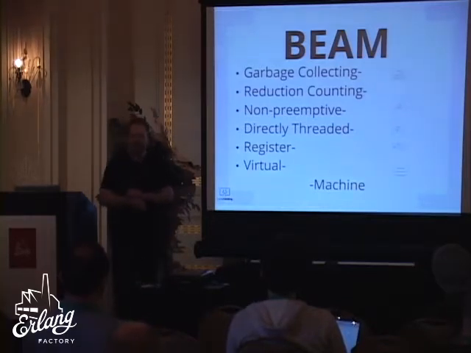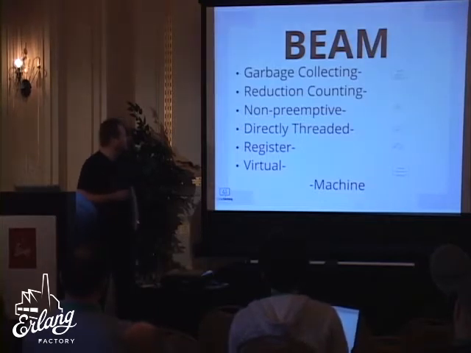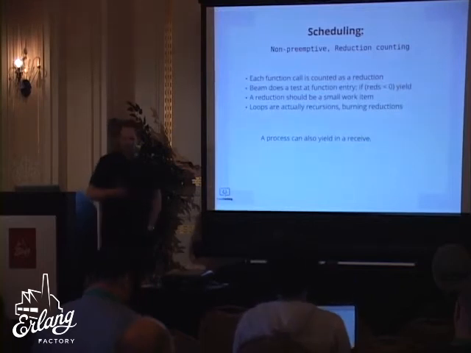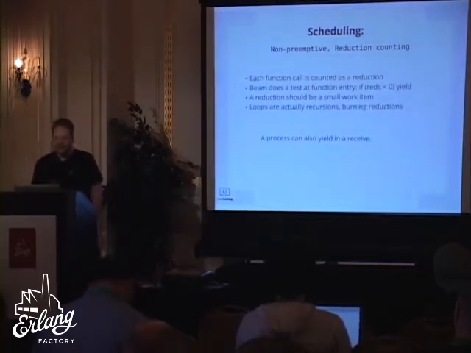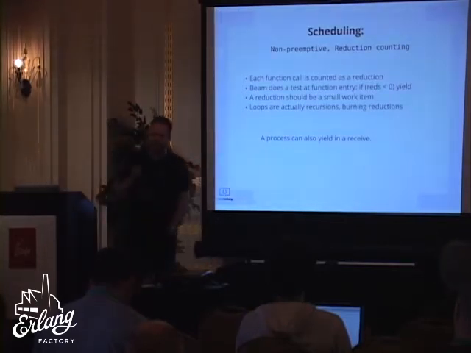So it does this with something called reduction counting. So the scheduler is non-preemptive and reduction counting. So what is a reduction? Well, nobody knows, but basically it's a short amount of work done by a process.